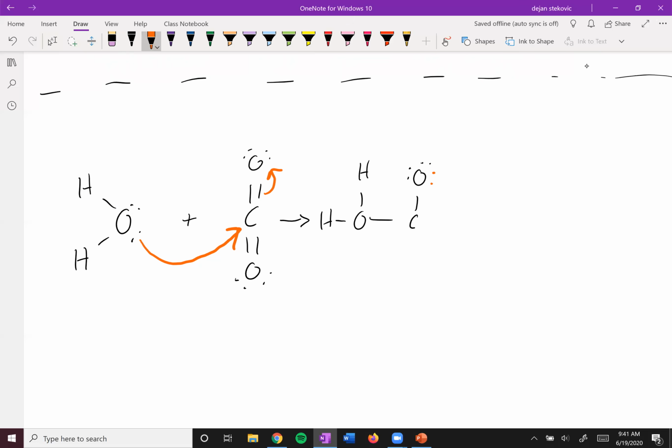Now you have an extra lone pair on this oxygen and this negative charge. And then you have a positive charge on this oxygen. And then the next reaction is that this oxygen will attack this hydrogen, and then the lone pair from this bond will go back onto this oxygen to form your final product.